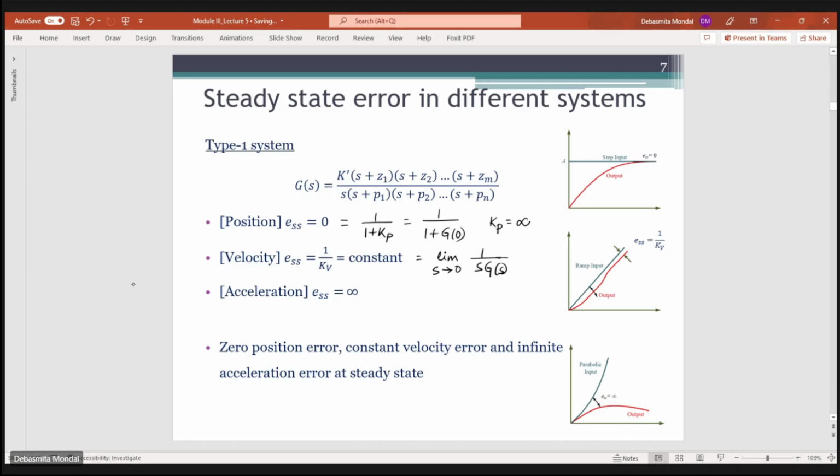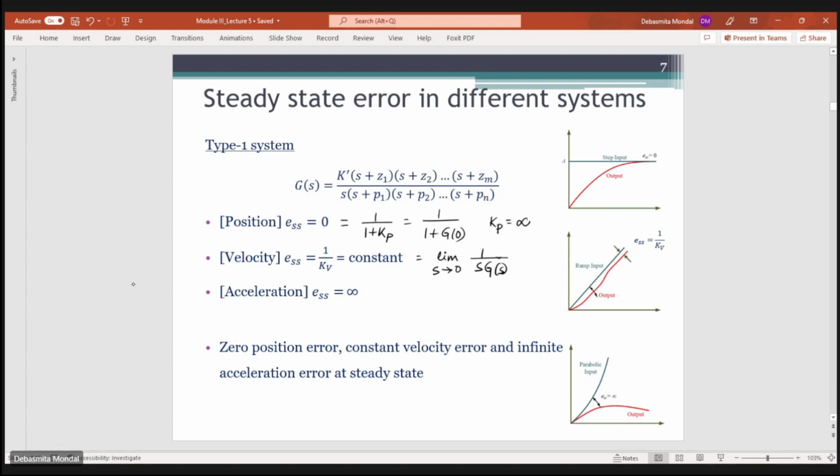Now limit s tends to 0, s into G(s) will be some constant finite value, because you have s over here, and at s tends to 0 you will get a constant value. So that means for a ramp input, if you provide a ramp input to a type 1 system, then the steady state error will be a constant value, and that steady state error will be governed by the velocity error constant.